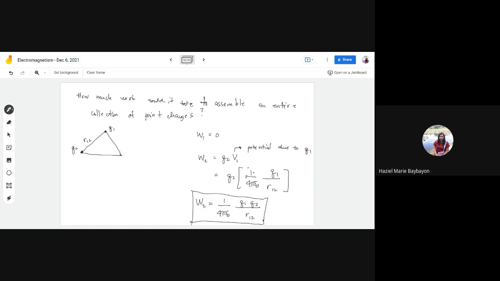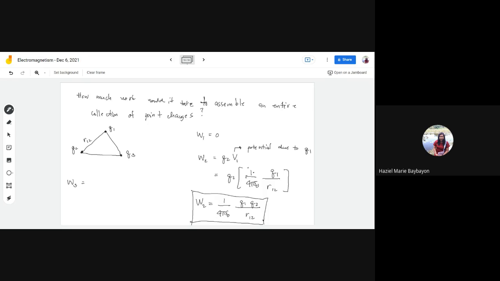And then lastly, we place Q3 here. So what will happen? How much work is needed in order to assemble Q3 here from infinity towards this location?